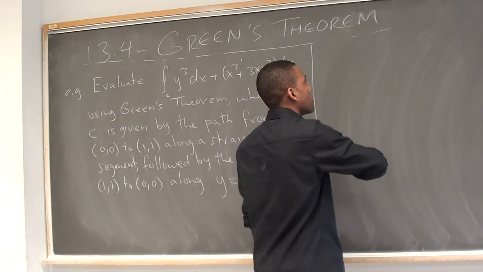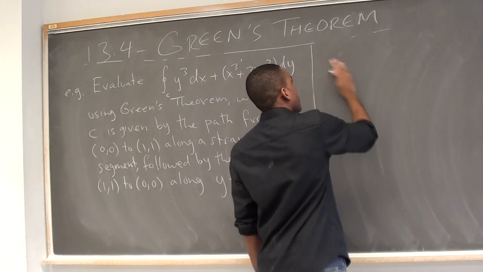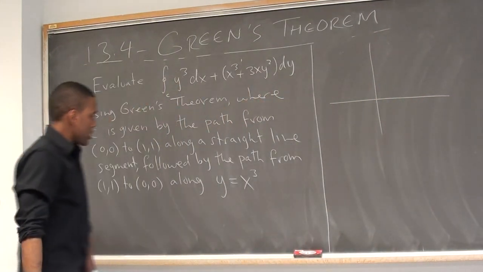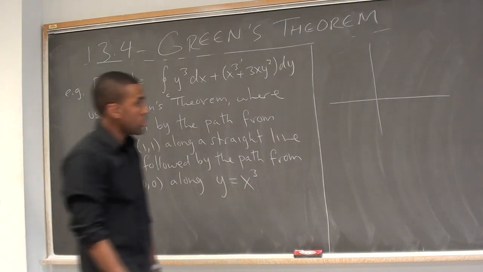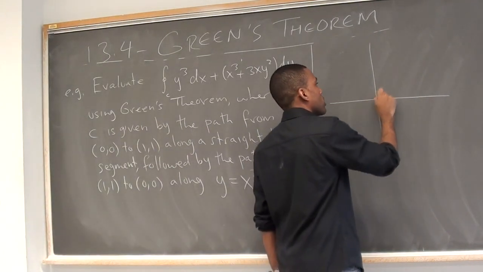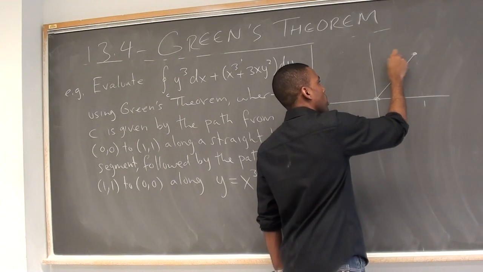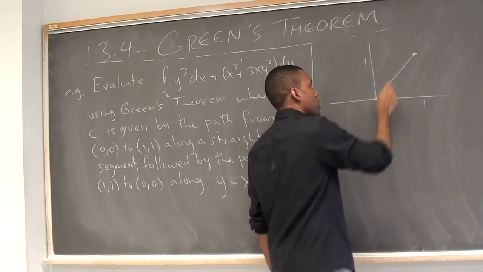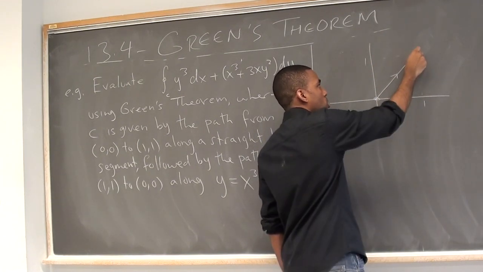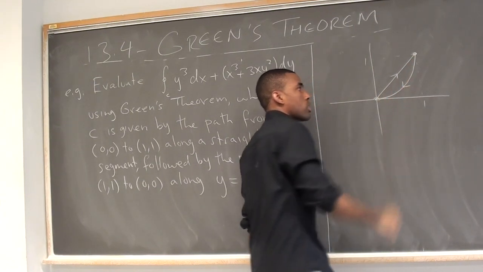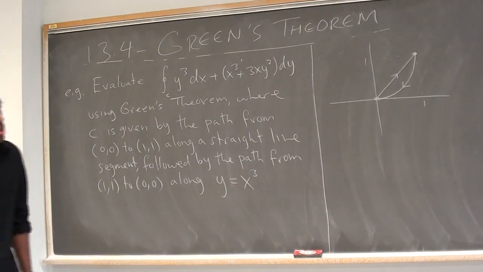So, what does this picture look like? So we're going from the origin 0, 0 to 1, 1 along a straight line segment. Then we're going from 1, 1 back to 0, 0 along the cube. So that's going to be our guide.